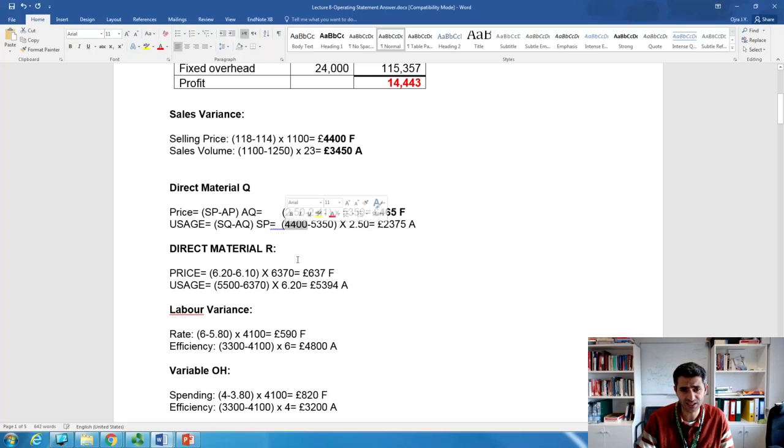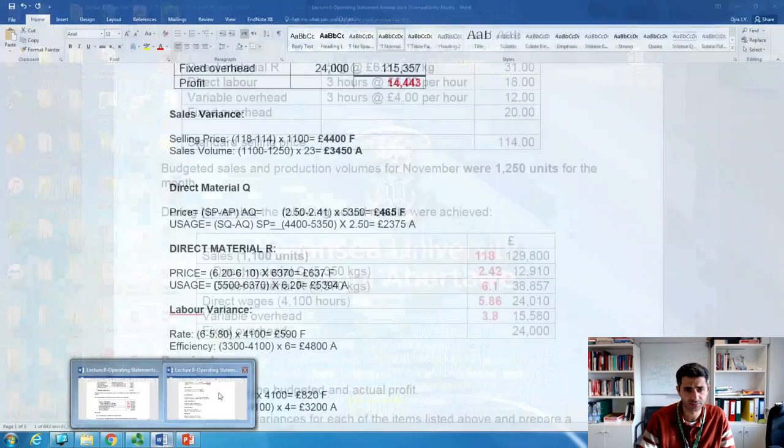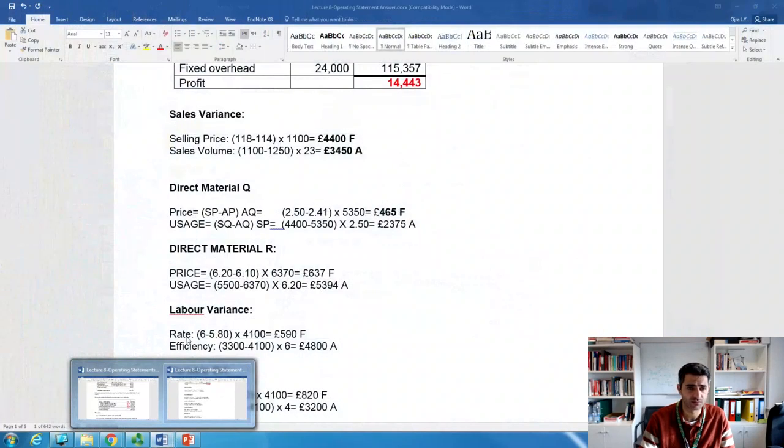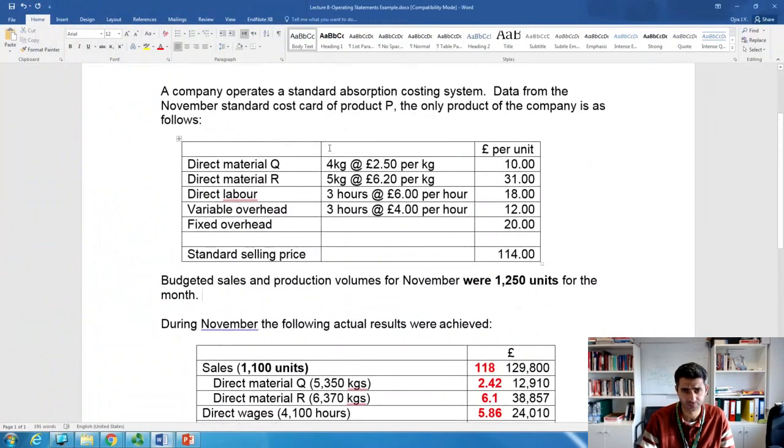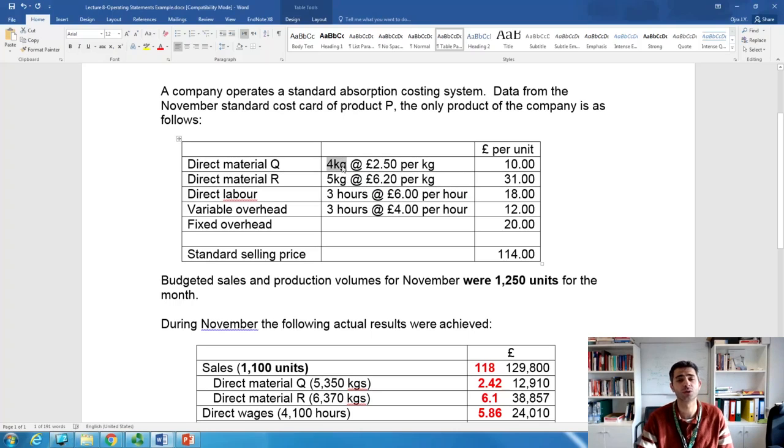How to calculate a standard quantity? I explained to you how to do it. Let me again show you how to do it. Standard quantity for Q, look here. The required 4 kilogram per unit, isn't it? For material Q, the required 4 kilogram.